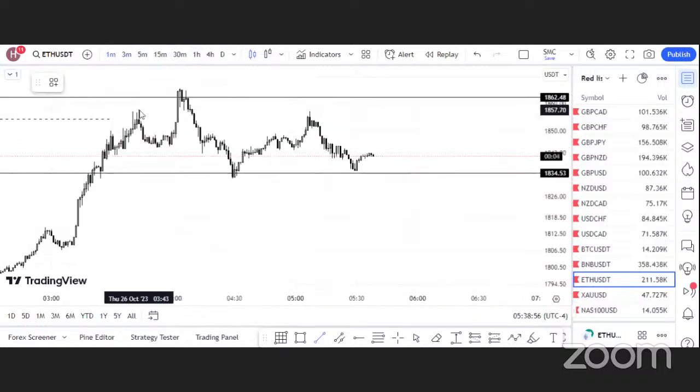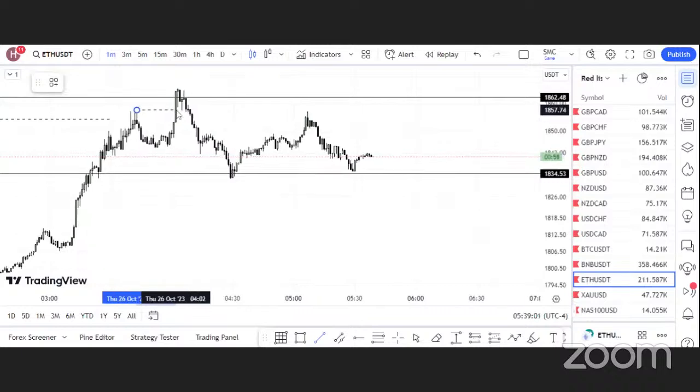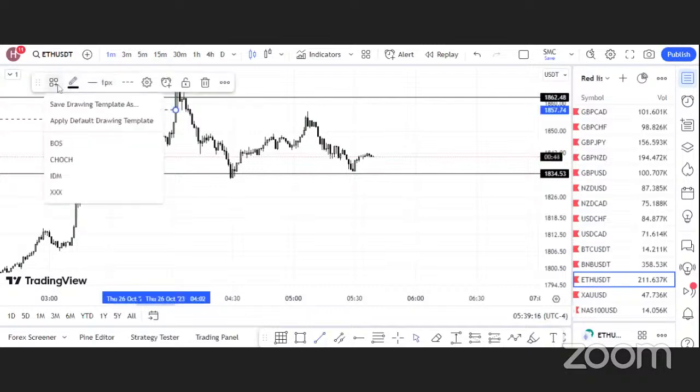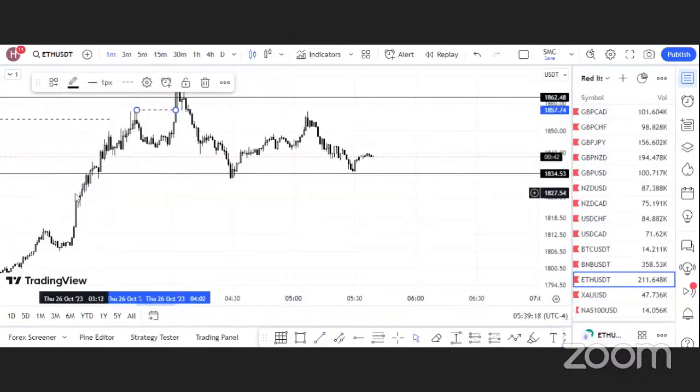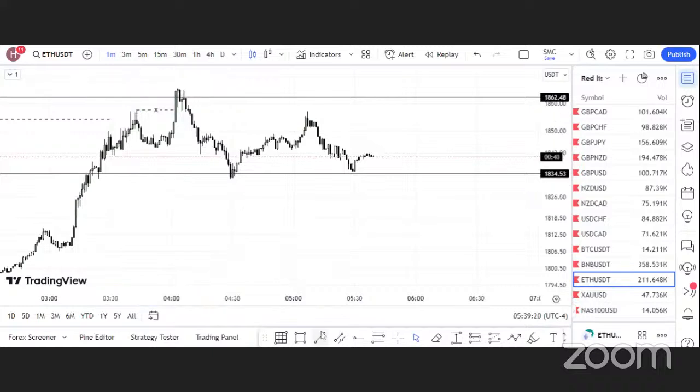Because when the market is inside a fair value gap or inside an order block, or inside a support or resistance generally, the market would give you an SMC pattern on the lower time frame. So that way you get a confirmation that yes, this market is actually going to go your way. Even though it's not going to go for long, at least you would have gotten out of the market, right? So this is the 1 minute time frame.